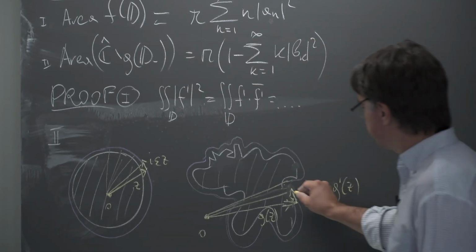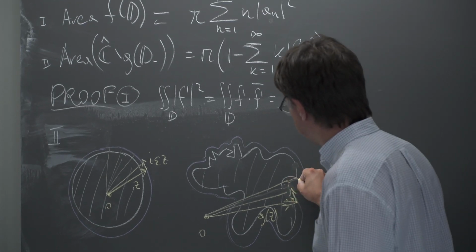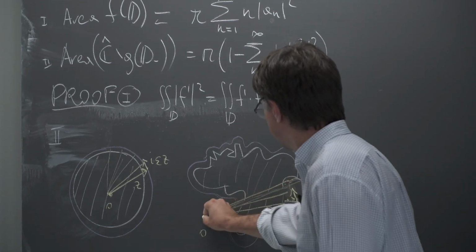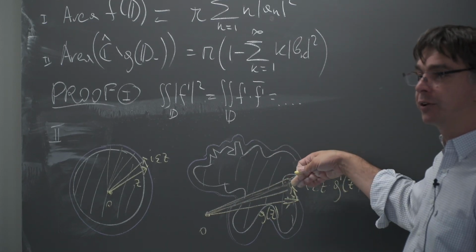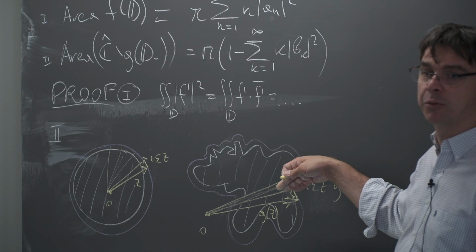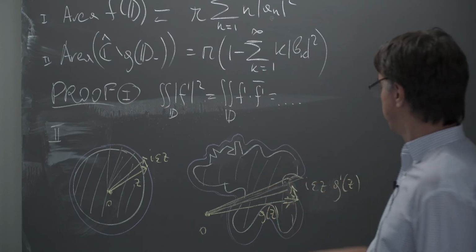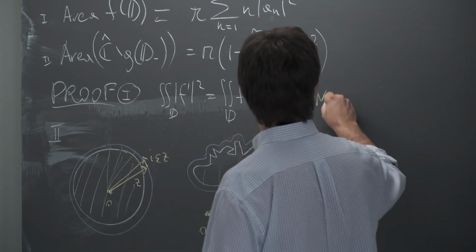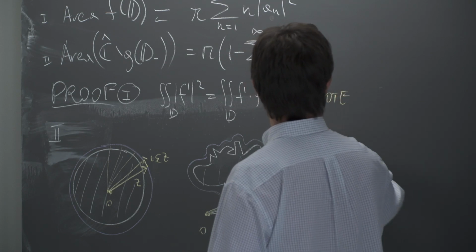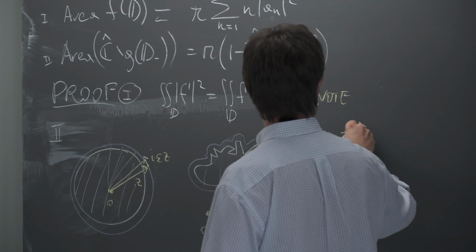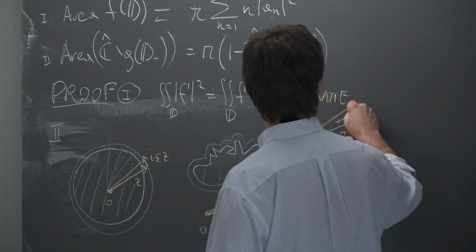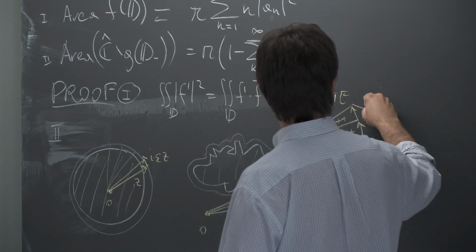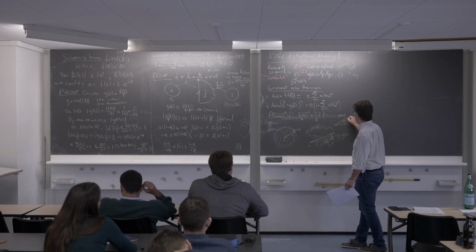Now notice the tricky thing. For example, when here I go to the right, my triangles overlap. But the triangle which goes to the right, which goes clockwise, is counted with the sign minus. So you should note that this is plus area. This is plus area. But the next triangle, if it goes like that, it's counted with the sign minus.